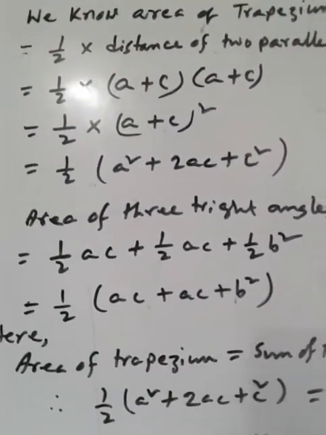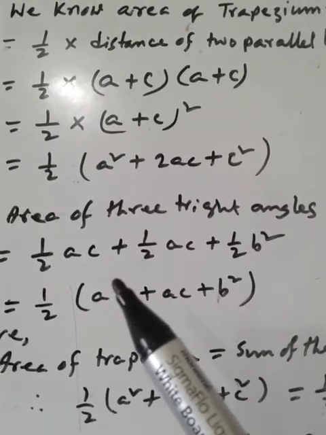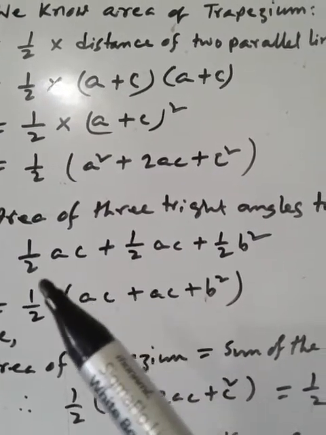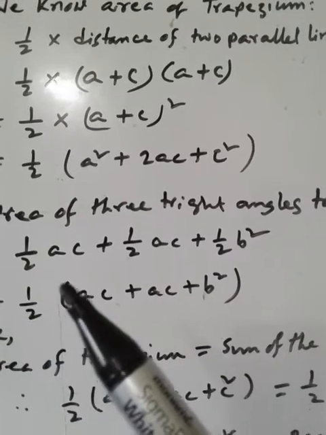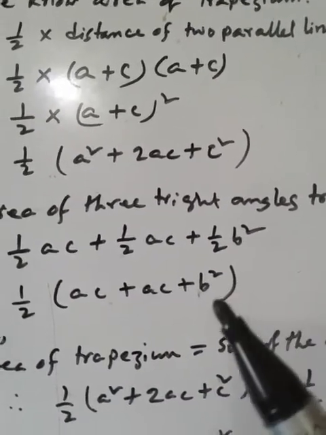Now we can take half common, and we get half into (AC plus AC plus B square).